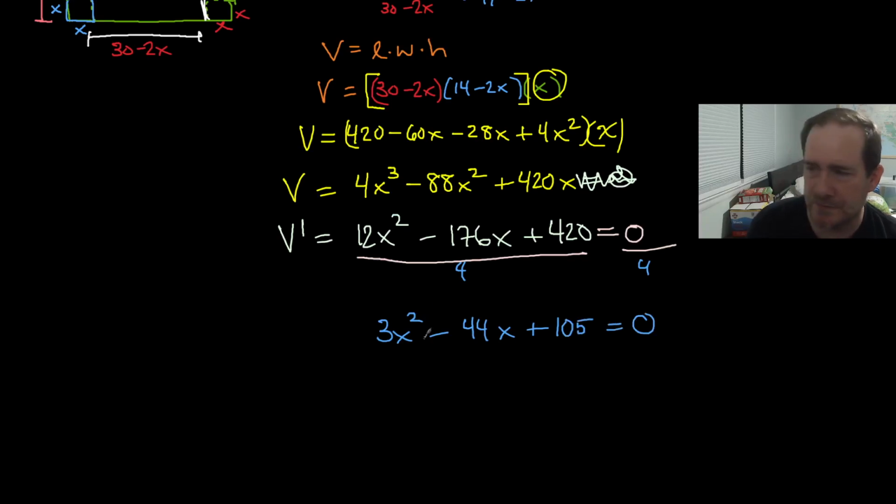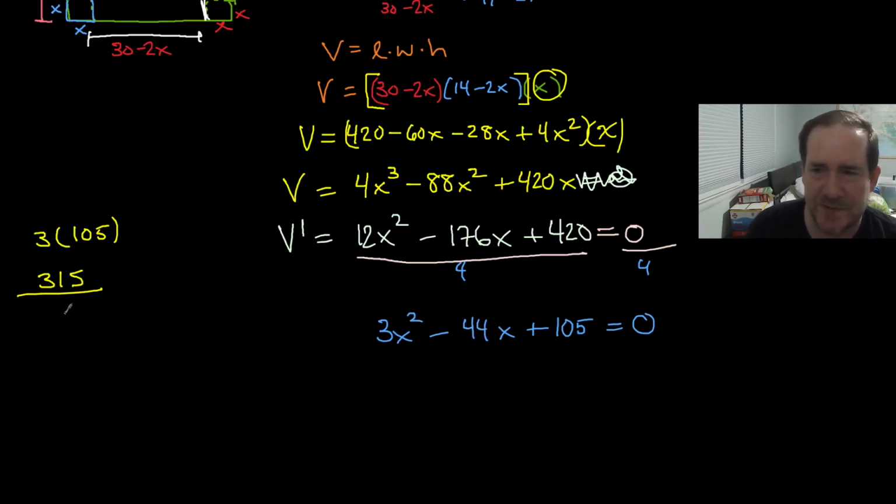So this is still kind of a bad equation to try to factor, but let's do it anyway, because we know that we'll take our A value, which is 3, multiply it by our C value, which is 105, which means we're looking for factors of 315, and we're looking for factors that add up to negative 44.